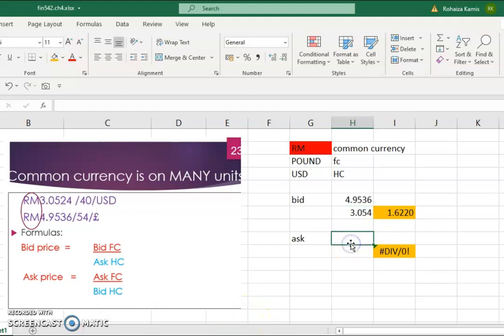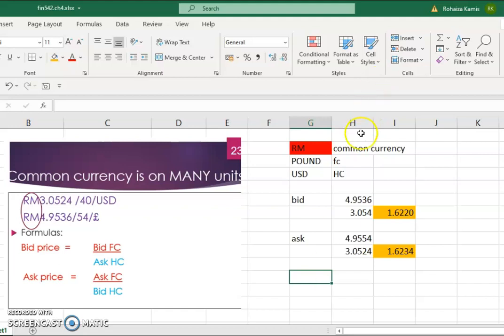So how about the ask price? I take the ask of the foreign currency, the pound: 4.9554, divided by the bid of the home, 3.0524. So I get 1.6234.